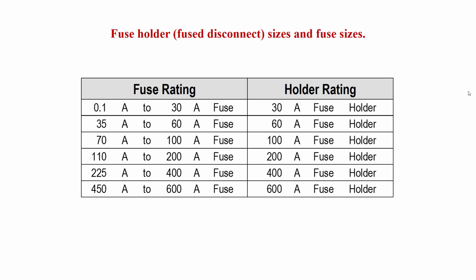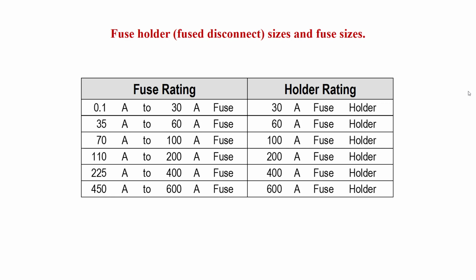As soon as I get to 35 to 60 amp, I have to go up to a 60 amp fuse holder. 70 to 100, I'll have to go to a 100 amp fuse holder or fusible disconnect. Above 100 to 200, we're looking at a 200 amp, and then it keeps going up to 400 amp and 600 amp.